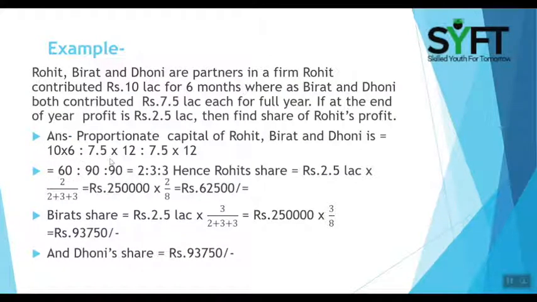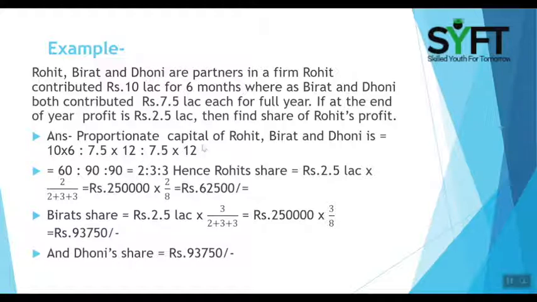We can give one example. Rohit, Virat and Dhoni are partners in a farm. Rohit contributed 10 lakh for 6 months, whereas Virat and Dhoni both contributed 7.5 lakh each for full year. If at the end of year profit is 2.5 lakh, then find share of Rohit's profit.